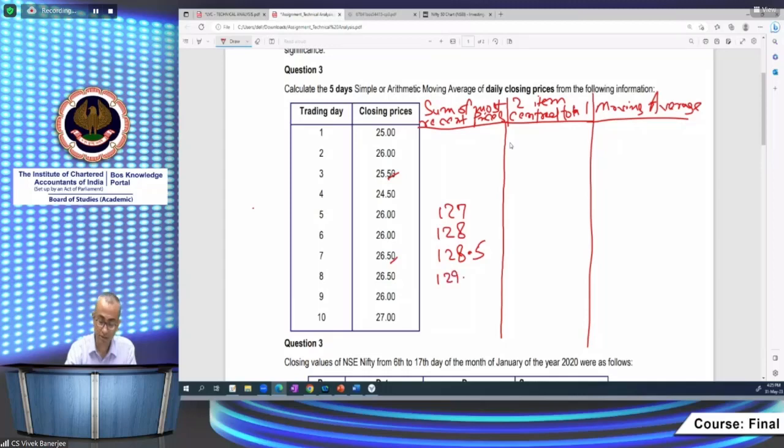Coming to 129.5. Then add the further 5.